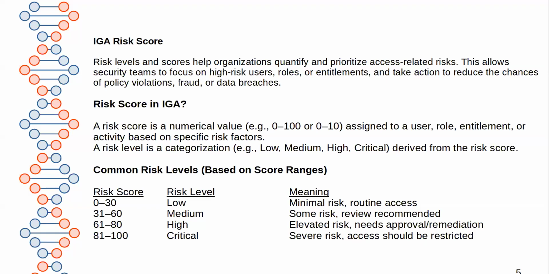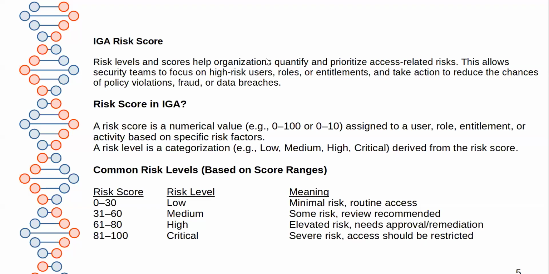Okay, coming back. What is IGA risk score? Risk level and the scores help the organization quantify and prioritize the access related risk. The very important point here is quantify and prioritize.